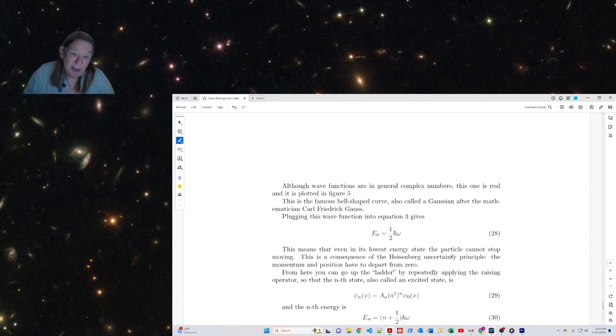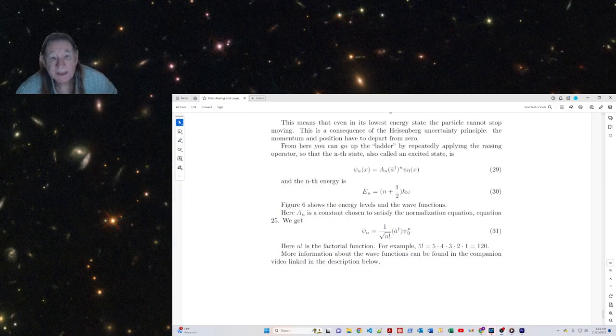Now, what about the other states? You can go up the ladder by repeatedly applying the raising operator so that the nth state, also called the excited state, is given by equation 29, and the nth energy is n plus 1/2 times h bar omega.